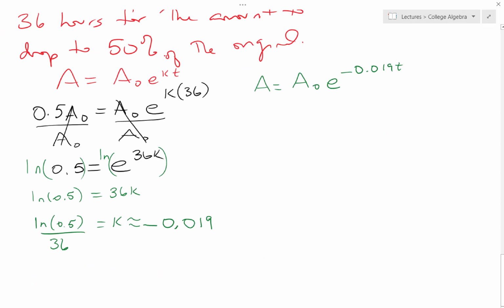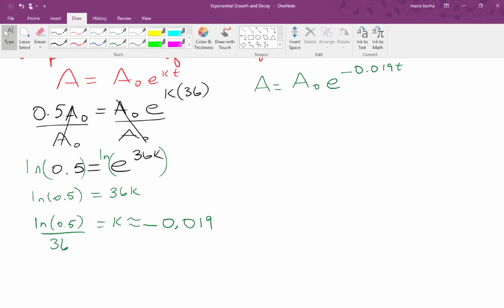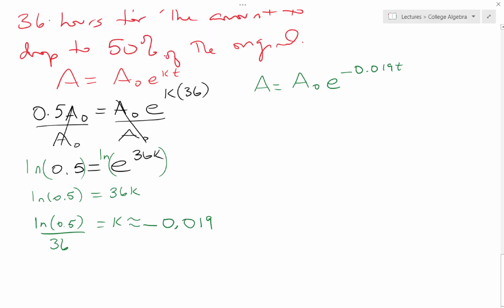Nowhere in this problem did they tell me what I started with because they don't have to. You're working with percentages, which means you're working with relative amounts, and so things divide away as necessary. A sub 0, K, T. So A is 90% of the original, and the original is A sub 0.